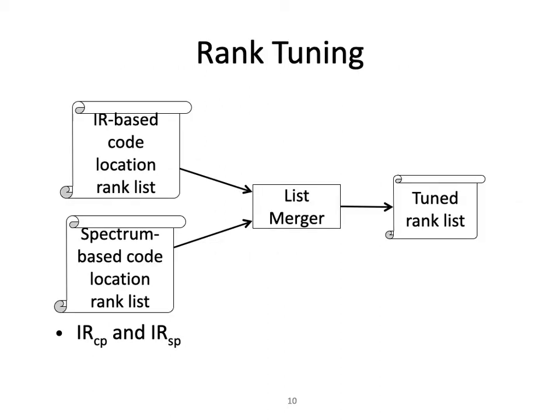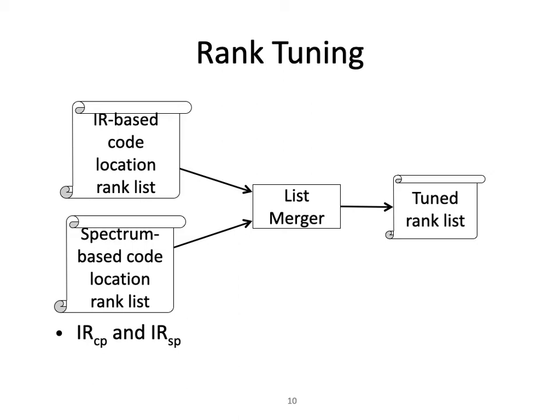So the second strategy is rank tuning. Since the IR-based techniques produce one rank list, while spectrum-based techniques produce another rank list, we tune the ranks by merging these two lists together using the following formula.